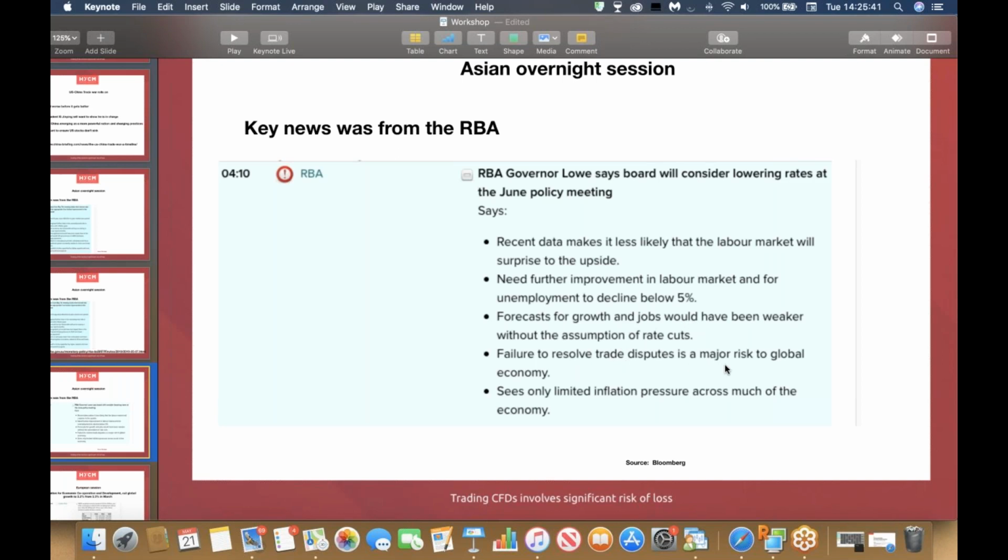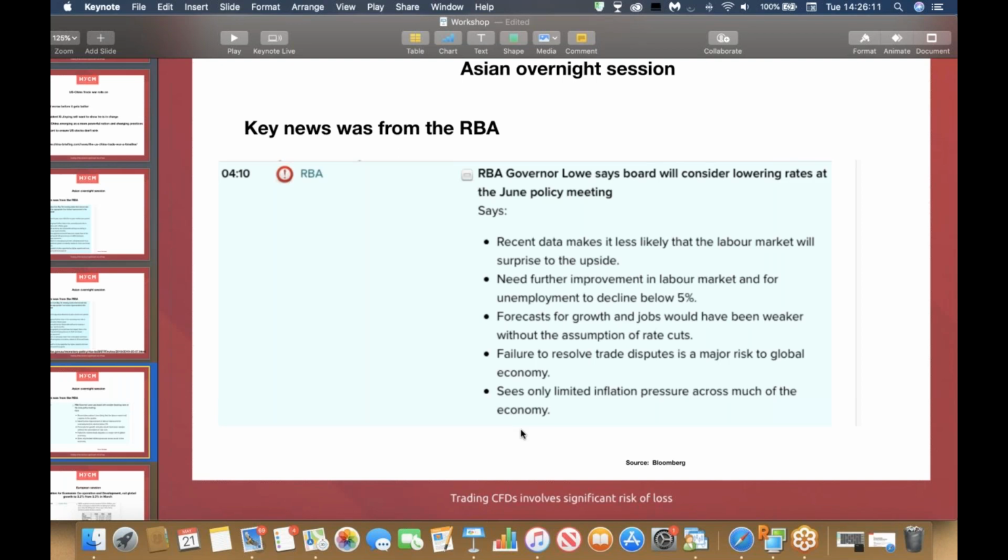Failure to resolve trade disputes is a major risk to the global economy. That is the perspective I've been sharing with you between the US and China. That's what he's referring to. He also said there is only limited inflation pressure across much of the economy. So really what Philip Lowe is saying is, we're going to consider lowering rates. The time is right. The employment data was the factor that was keeping us on hold. And with that labour data worsening, he can't see that it's going to surprise to the upside.